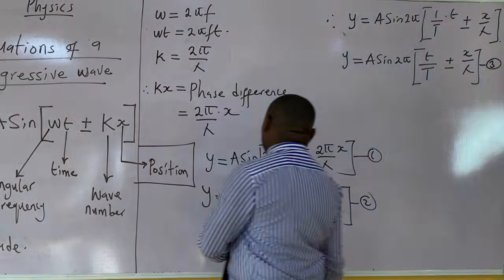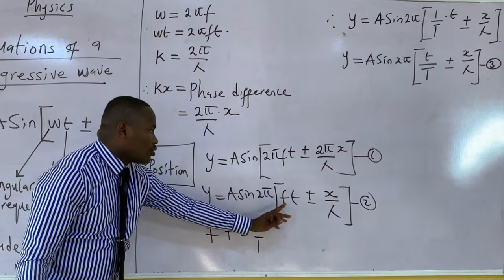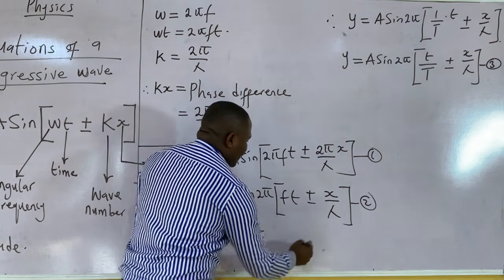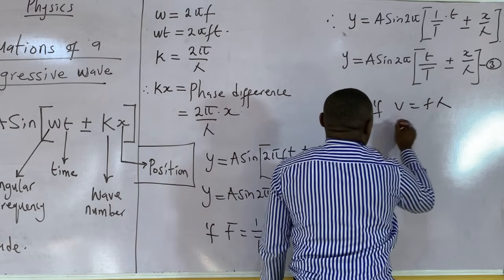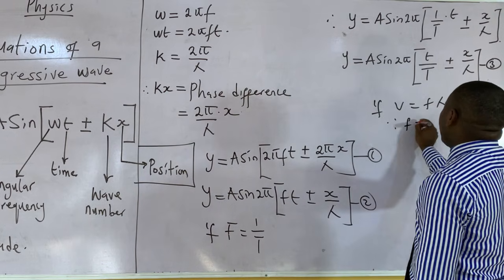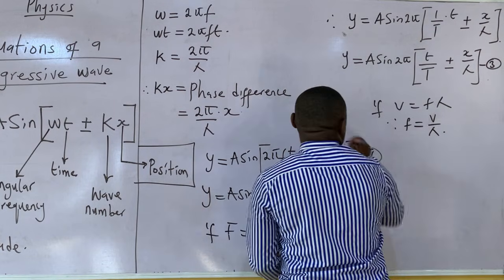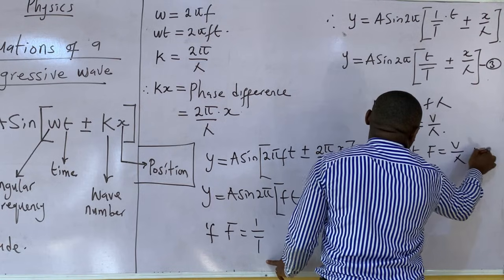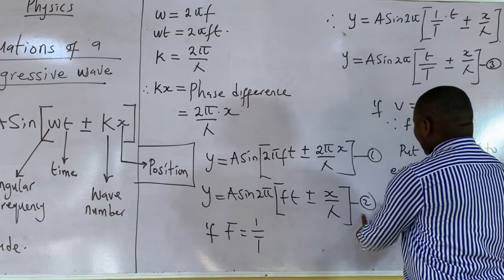Then I can also get another equation from here. How? I know very well that if v equals fλ, therefore replacing f, I will now have f is equal to v over λ. So I want to put f equals v over λ into equation 2.